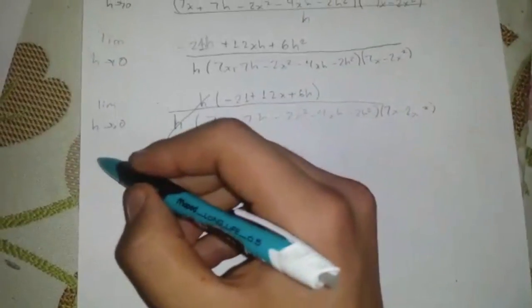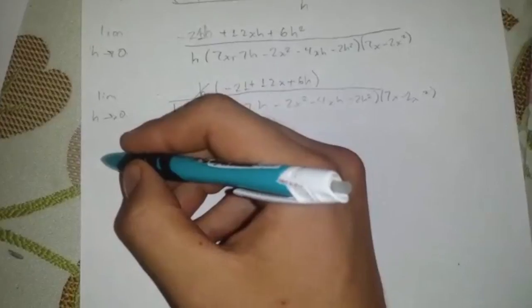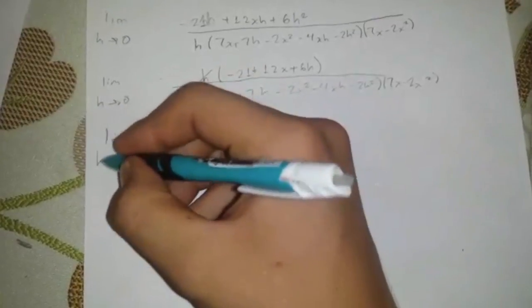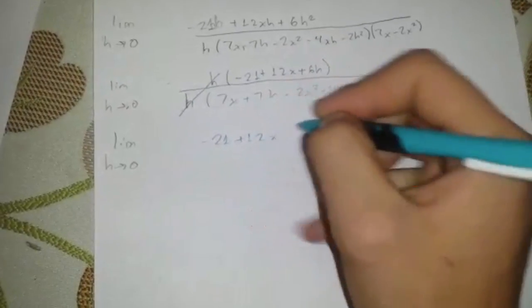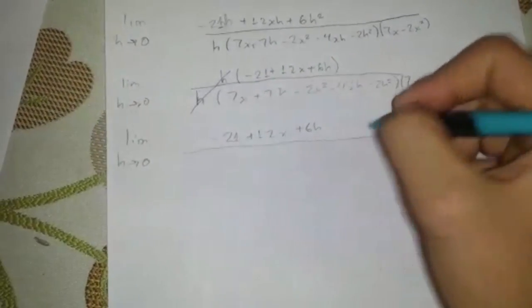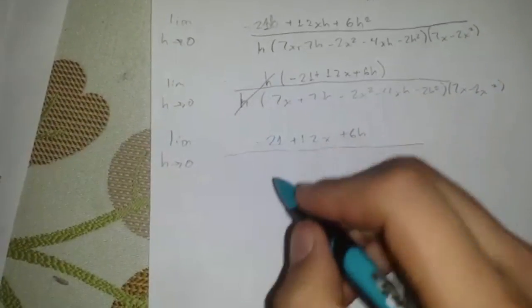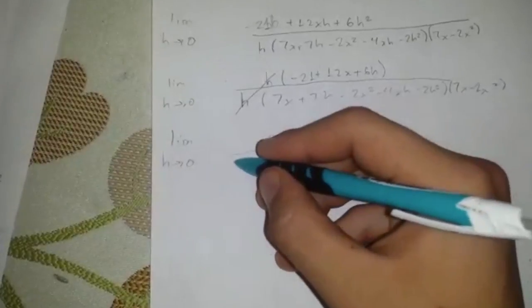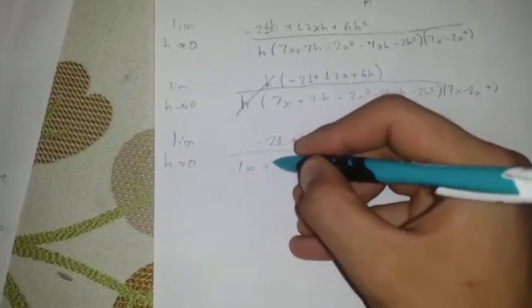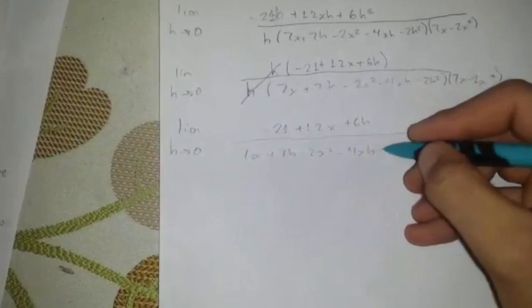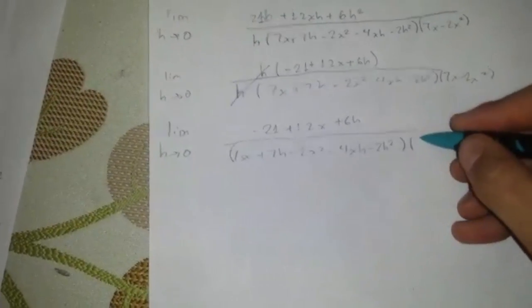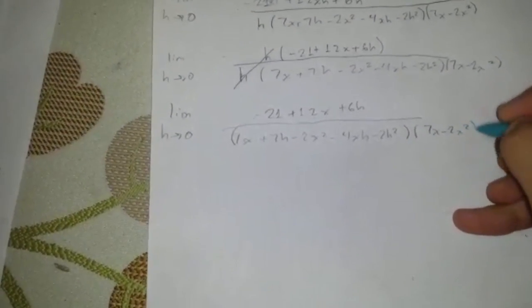So finally, it is cancelled. The expression will be: minus 21 plus 12x plus 6h, divided by 7x plus 7h minus 2x squared minus 4xh minus 2h squared, all that multiplied by 7x minus 2x squared.